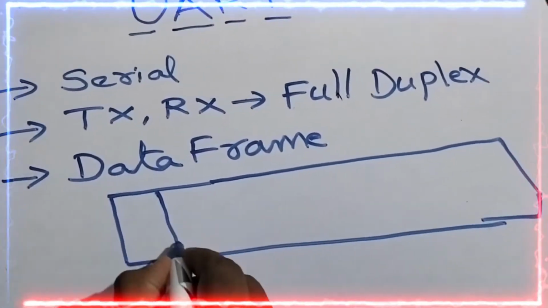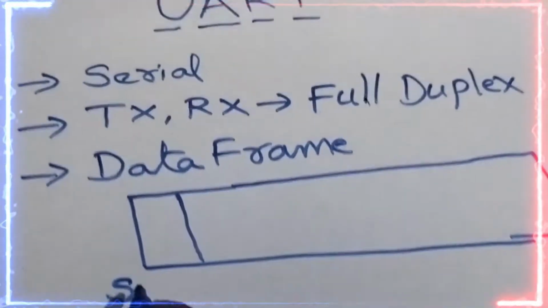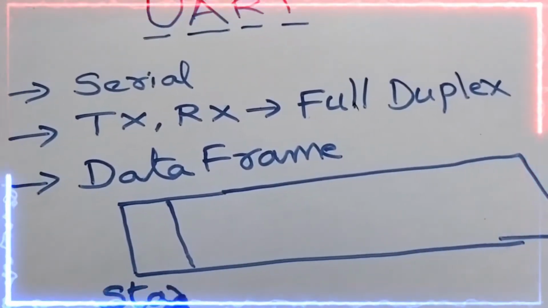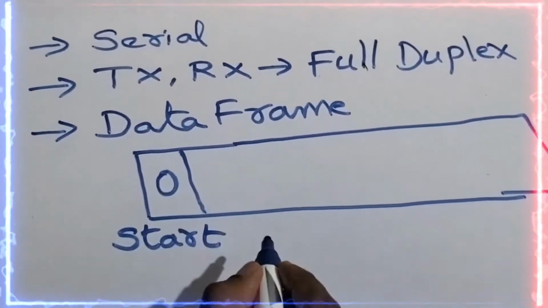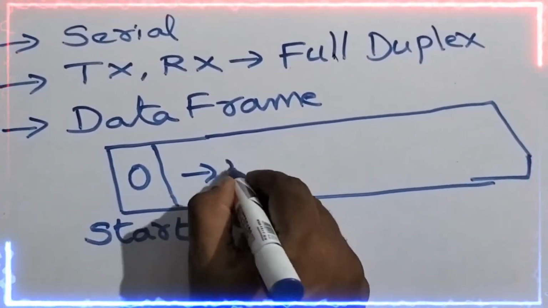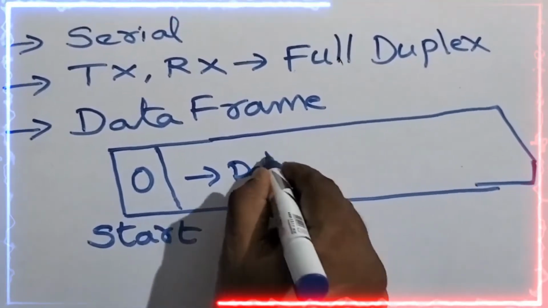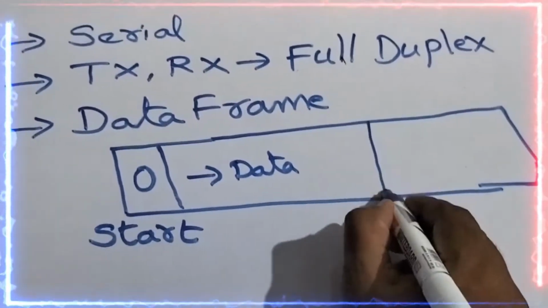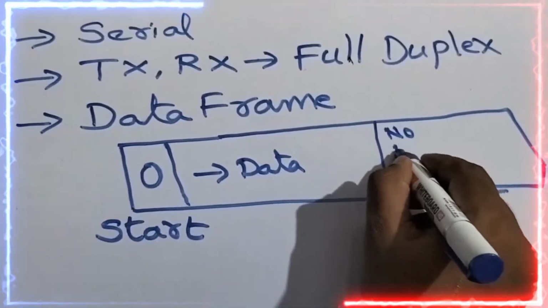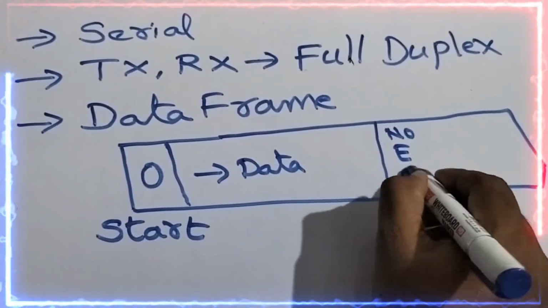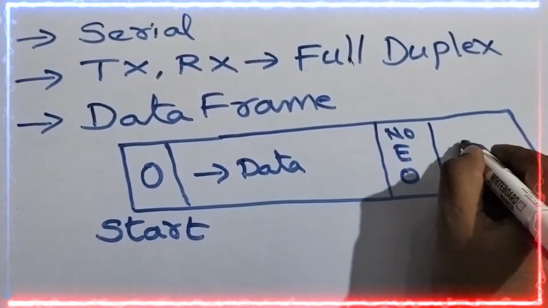The first bit is called the start bit, which is 0, followed by the data, followed by a parity, that is no parity, even or odd, and followed by the stop bits.